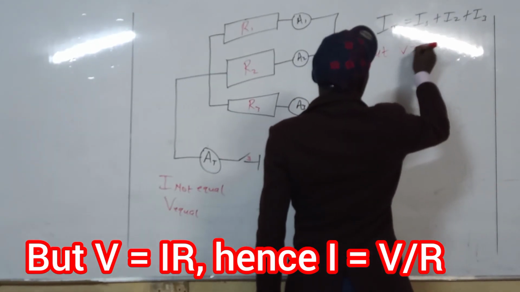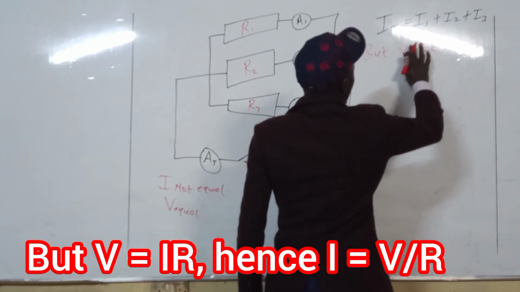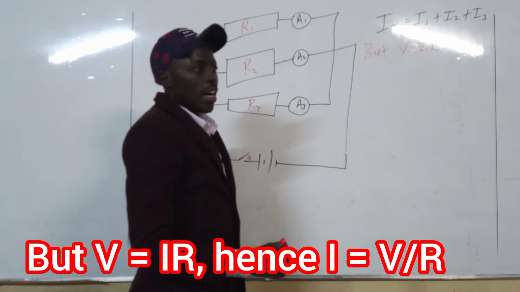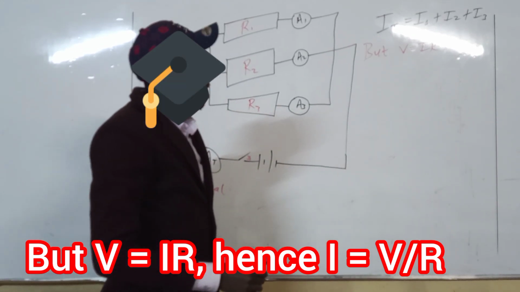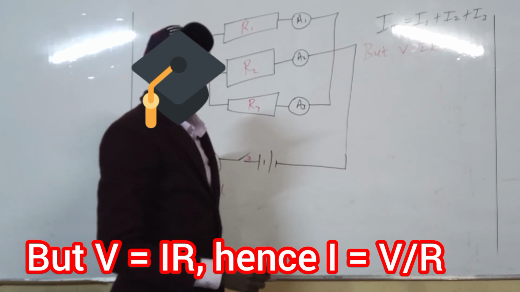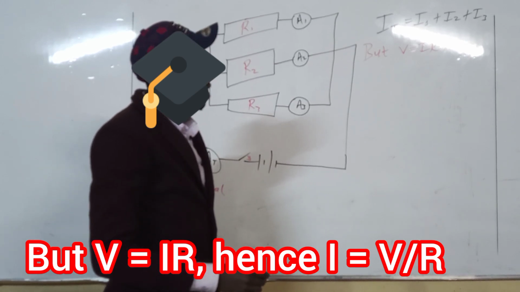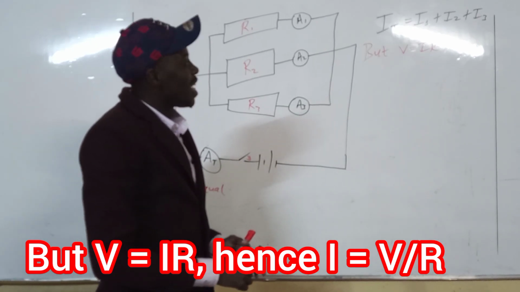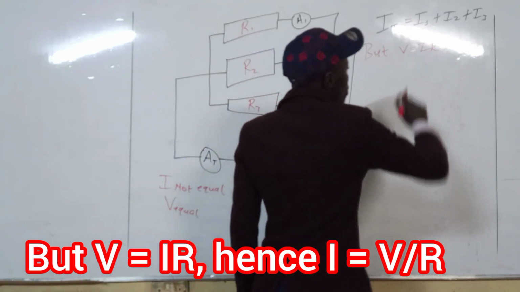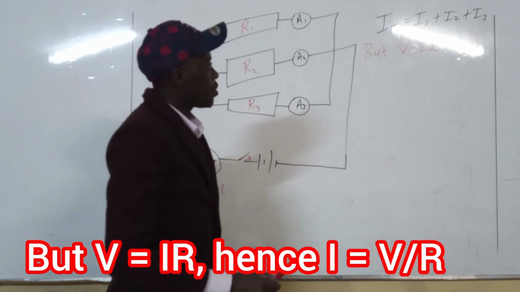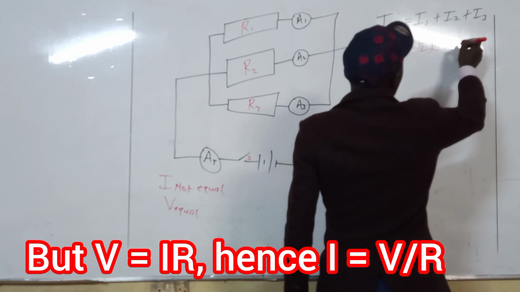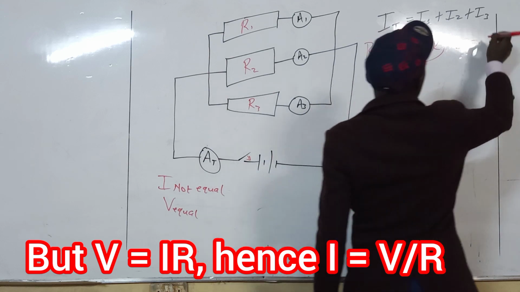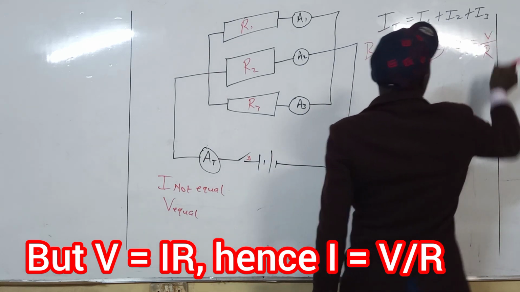since we know V equals IR from Ohm's law, it is right to say current is given by voltage over resistance.